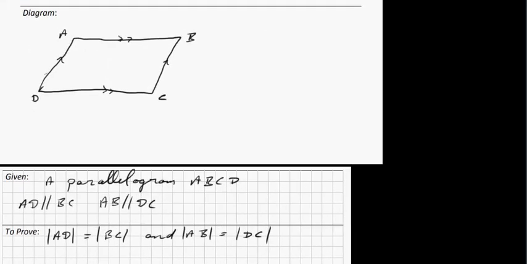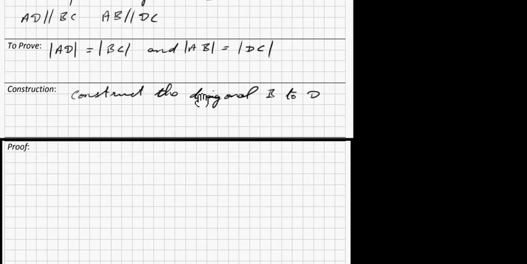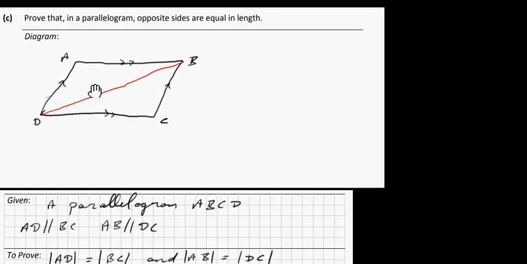So what we're going to do is put in a diagonal here. Okay, now proof then. So the way I'm going to do this is we're going to prove that this triangle here, ADB, is congruent to this triangle here, DCB. If they're congruent, in other words, if they're exactly the same size, angles and sides, then this side must be equal to this side and this side must be equal to this side here.